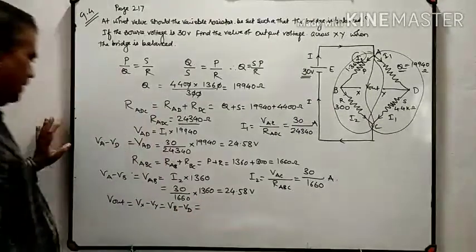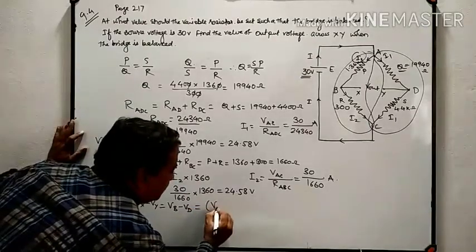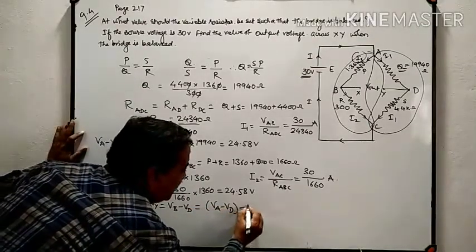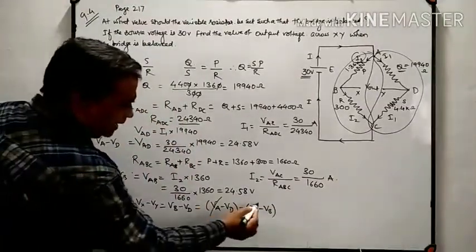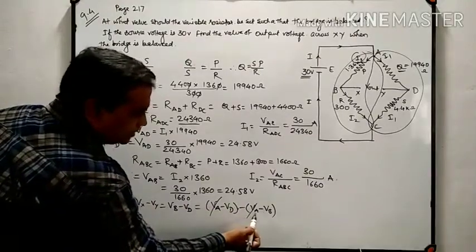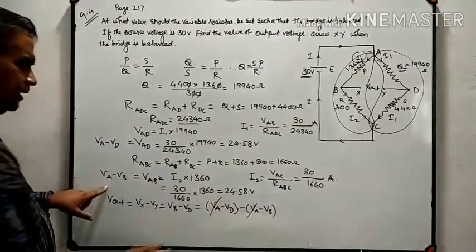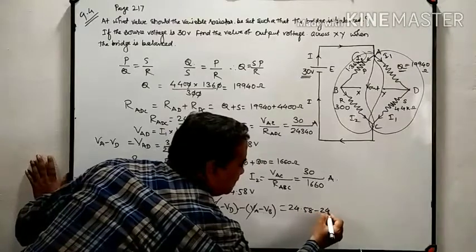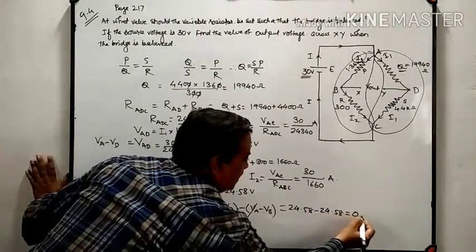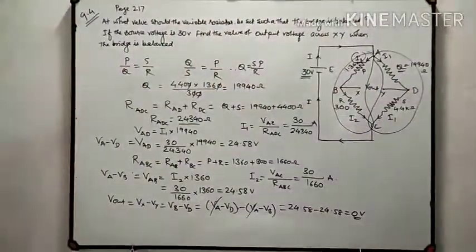Or this can be written as VA minus VD minus of VA minus VB. See here, this VA minus VA cancel, minus of minus it becomes plus, so VB minus VD. But VA minus VD is 24.58 and VA minus VB is 24.58, and that is equal to what? 0 volt. That is equal to 0 volt.